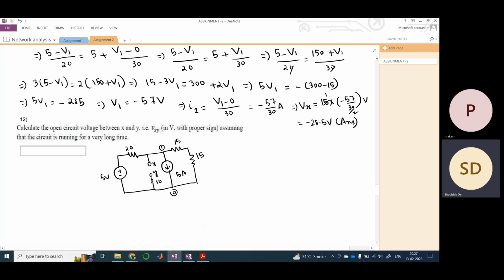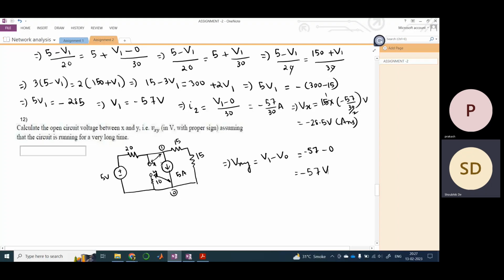This point and this point are the same, and this point and this point are the same. Therefore, Vxy is nothing but V1 minus V0. V1 was minus 57, and obviously V0 is 0. Therefore, Vxy is minus 57 volts.